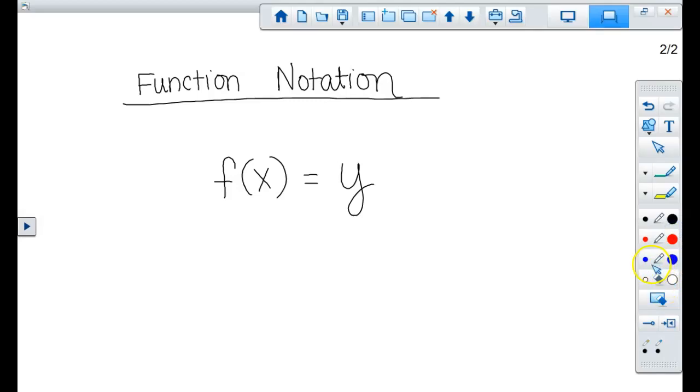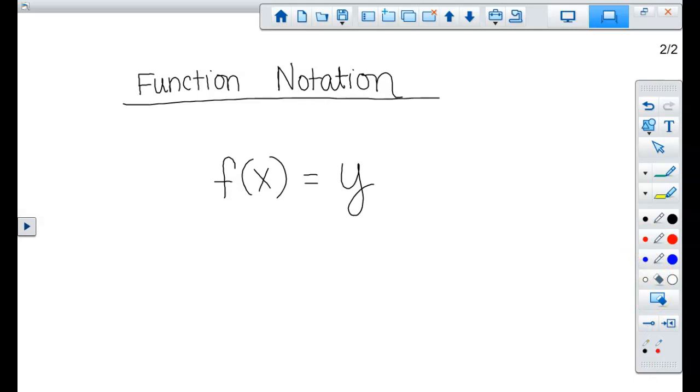And function notation kind of hinges on a common way of writing things. So let me show you that real quickly. Function notation kind of hinges on this particular statement. Now this statement's going to look weird to you for a minute, but we'll straighten it all out.